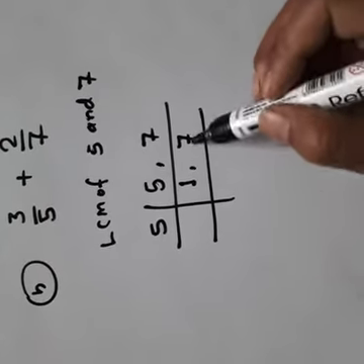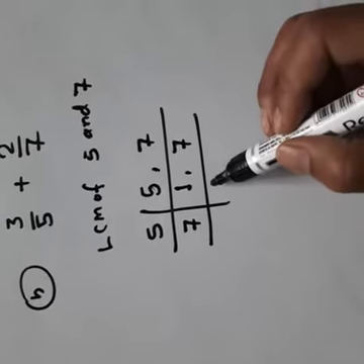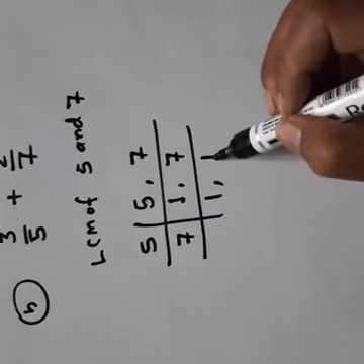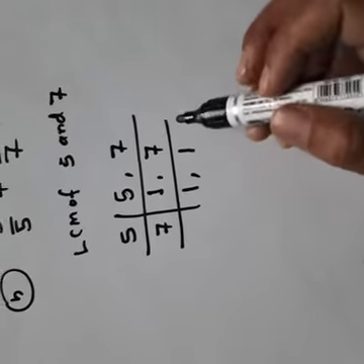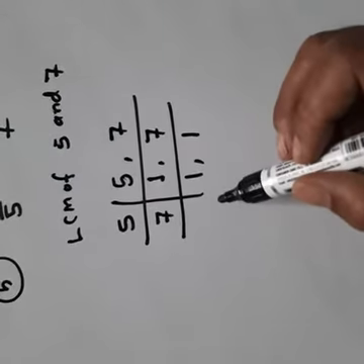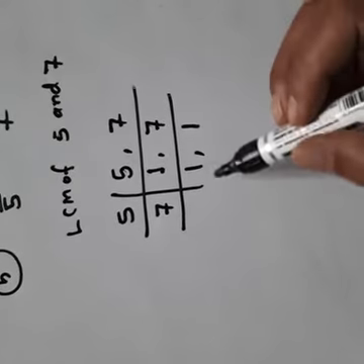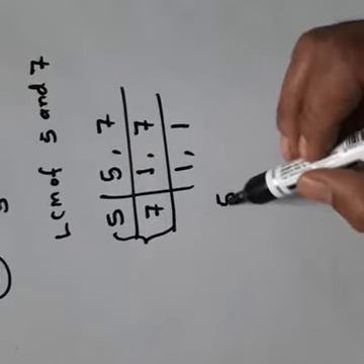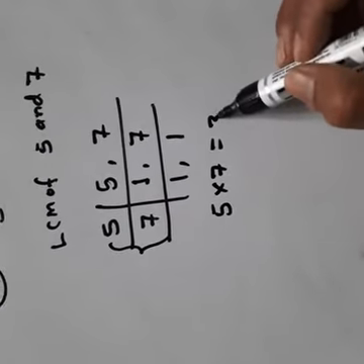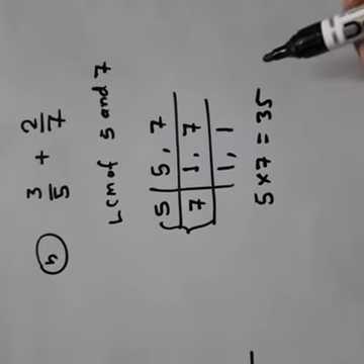Now 7 is divisible by 7, so write 1 here, 7 1s are 7. Whenever you get 1 1 in the remainder, it means the process has been completed. Now multiply these two numbers, 5 and 7. So 5 and 7 becomes 35. So 35 is the LCM of 5 and 7.